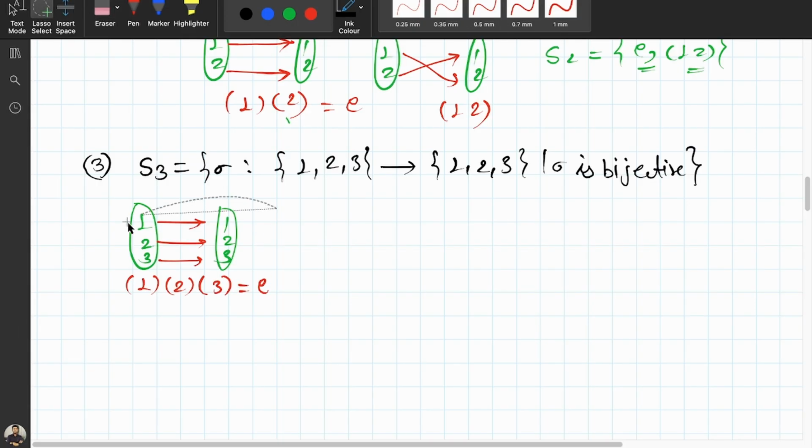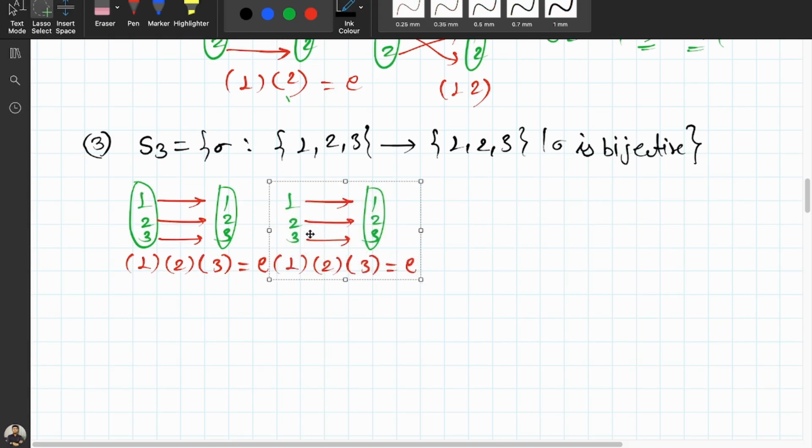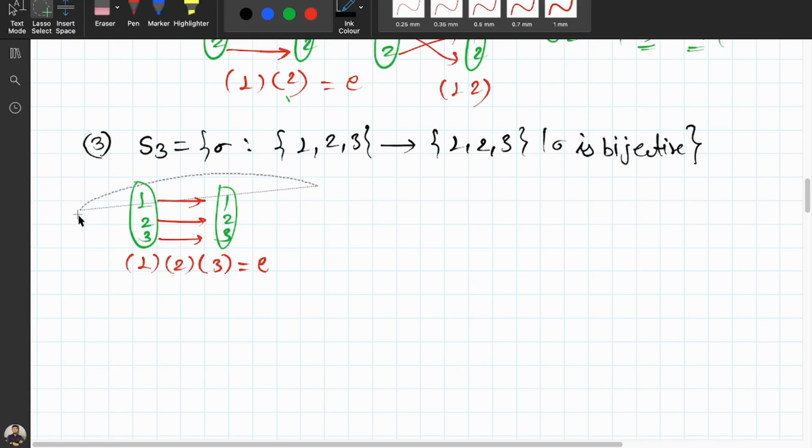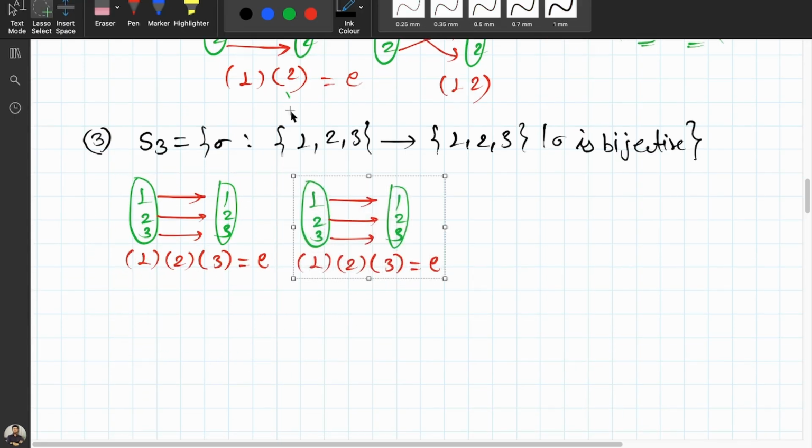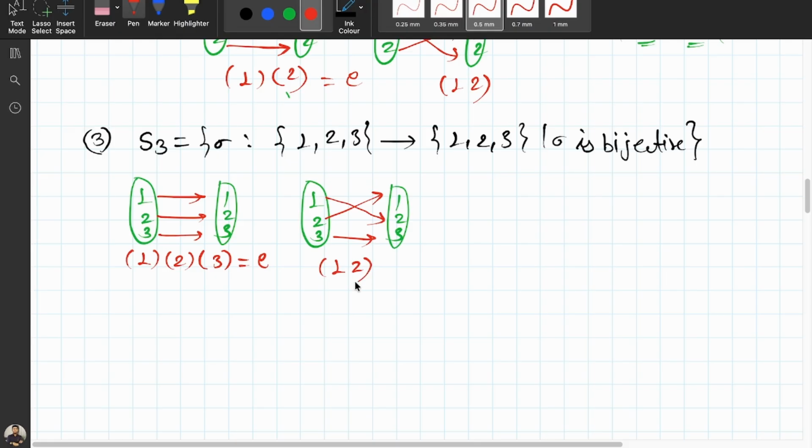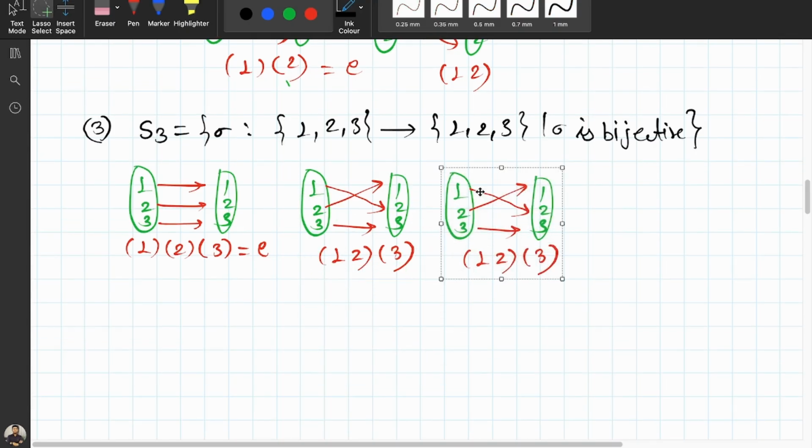Now what are the possibilities here that I want to find? Next I can write 1 goes to 2, 2 goes to 1, but 3 goes to 3, that is (1 2).